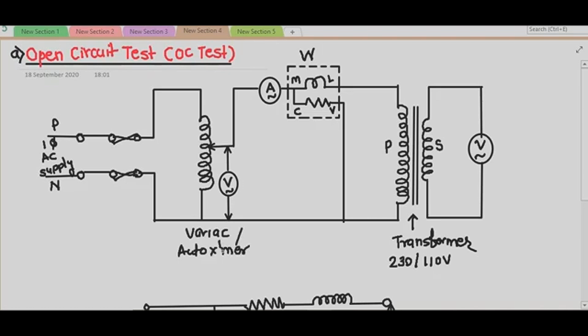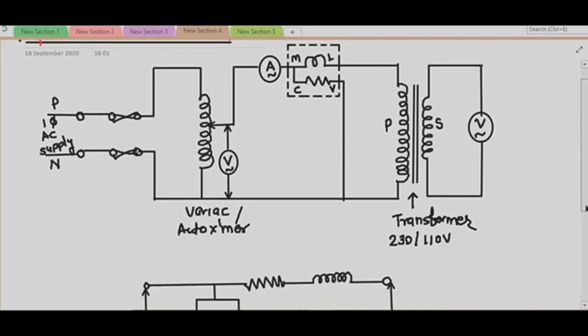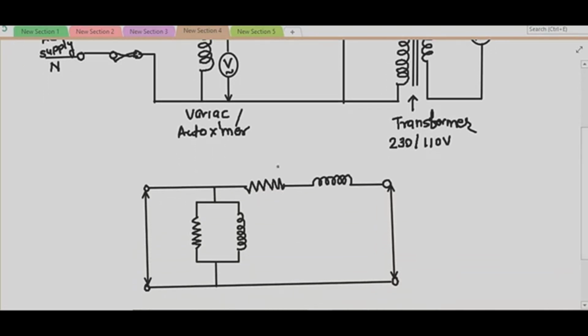So a variac or suitable arrangement we have to make for adjusting the rated value of the voltage across the primary. Then after that we have to make the following observations by taking the reading.